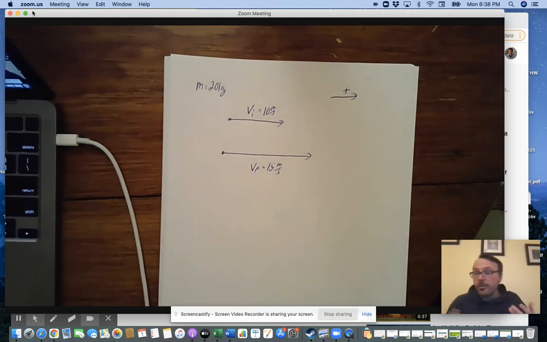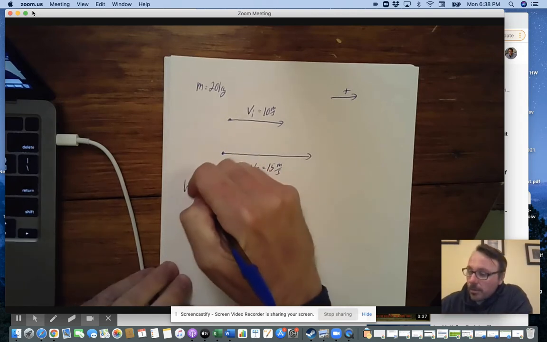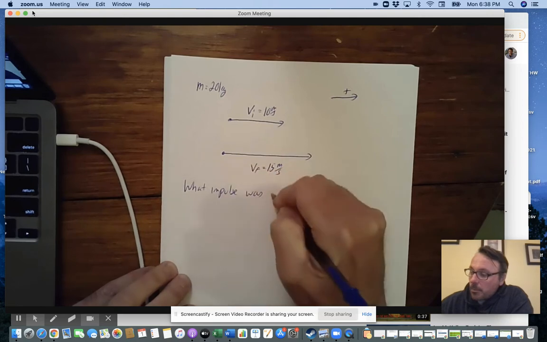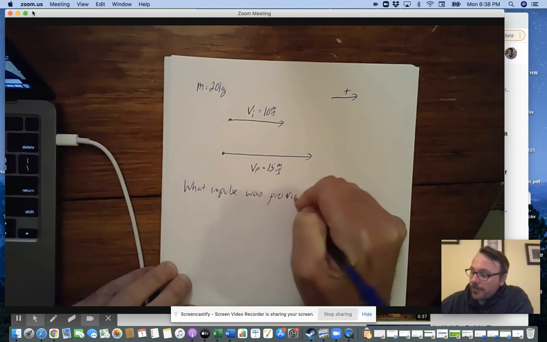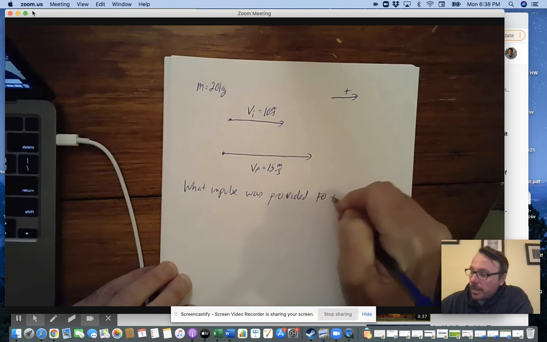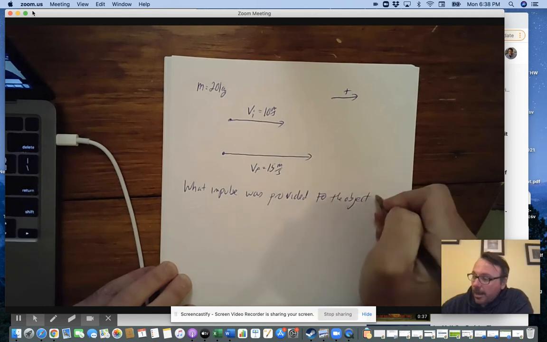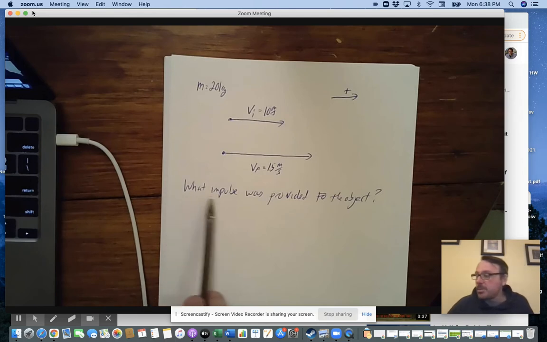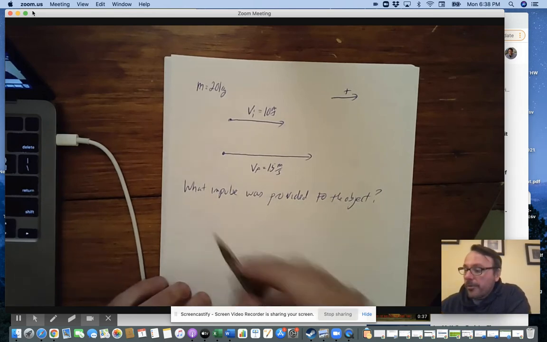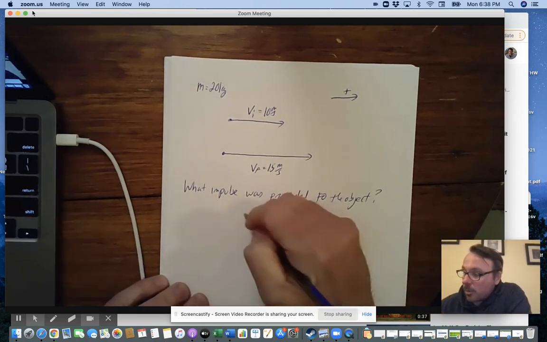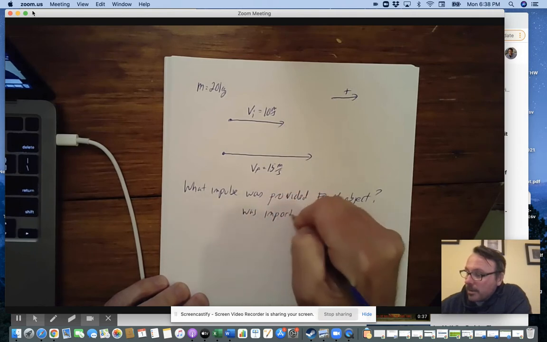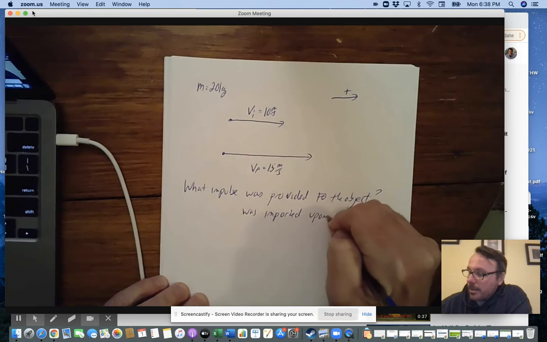Okay. And so if I were to ask, what impulse was provided to the object? So let's talk about verbs here. That's often one phrasing. What impulse was provided to the object? We also can say, what impulse was imparted upon the object.